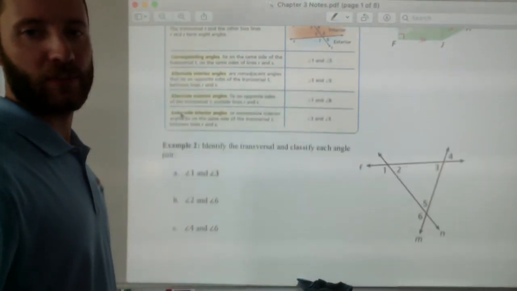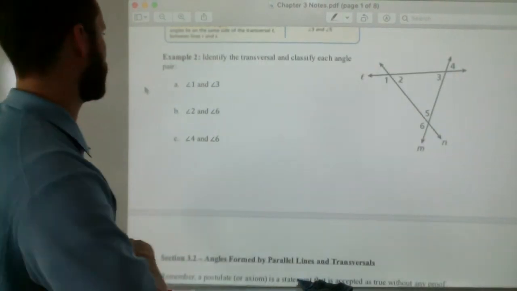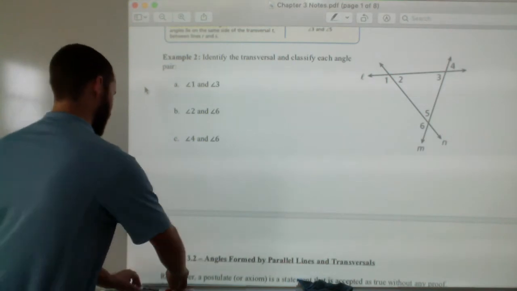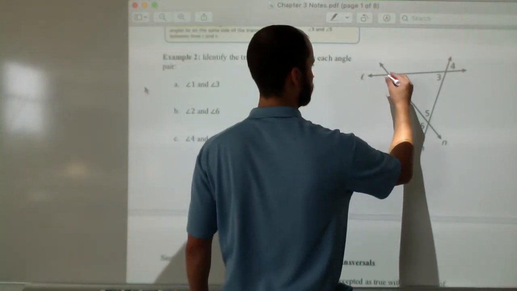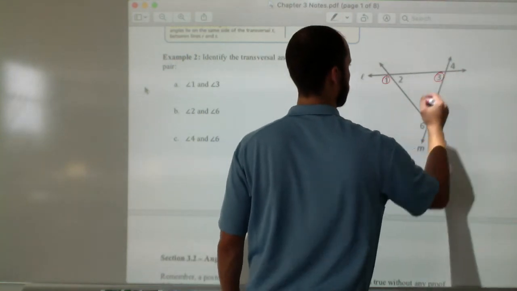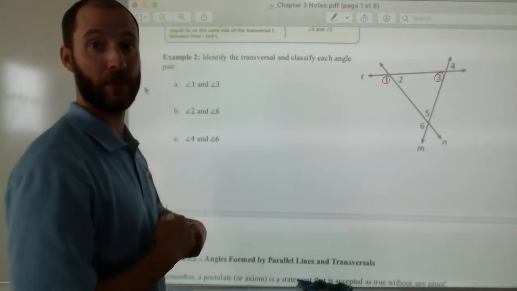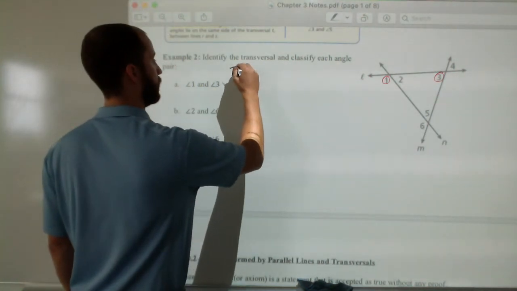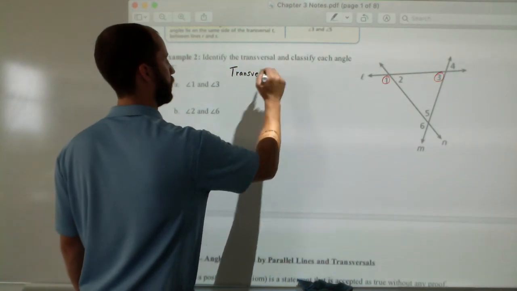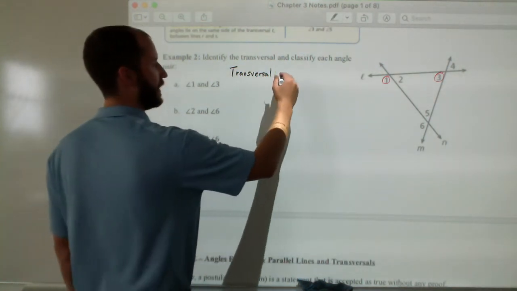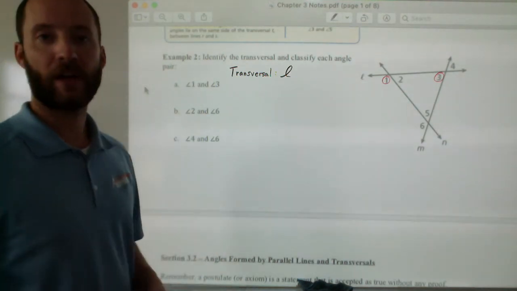So if we look at example 2, identify the transversal and classify each angle pair. So angles 1 and 3. So if I look at angles 1 and 3, okay, the transversal should be the line that they have in common with each other. So the line that 1 and 3 have in common with each other would be line L. And then what type of angle pair are they?